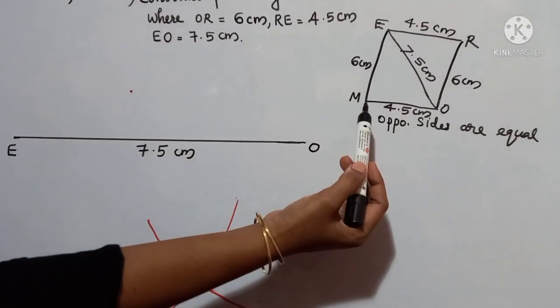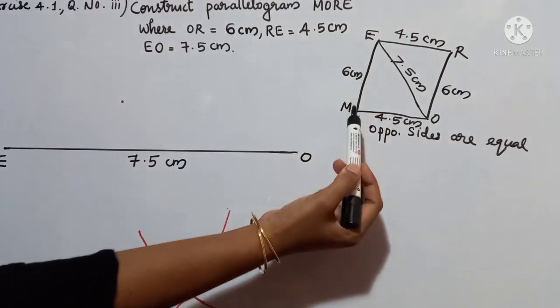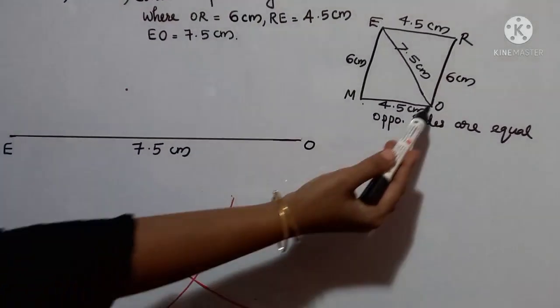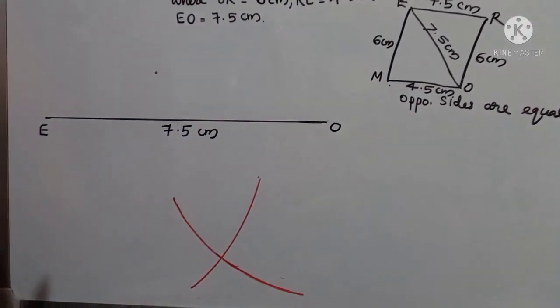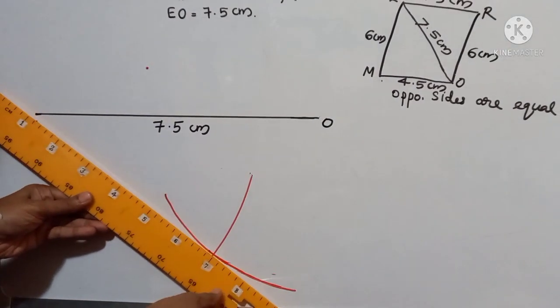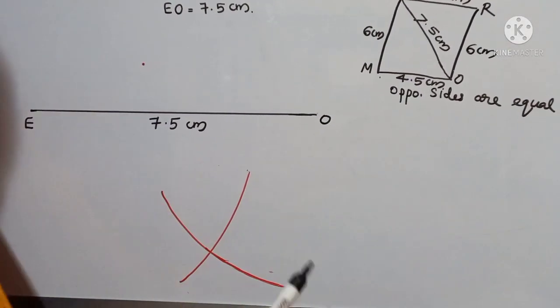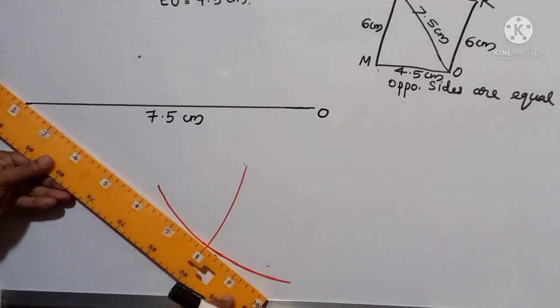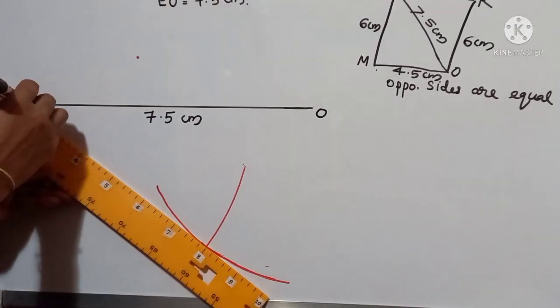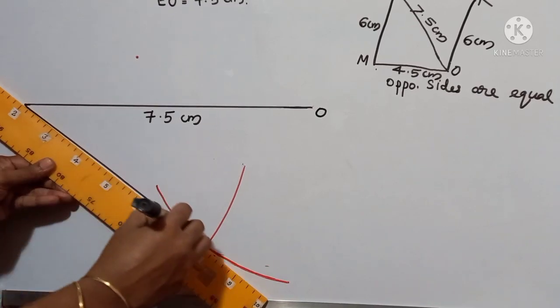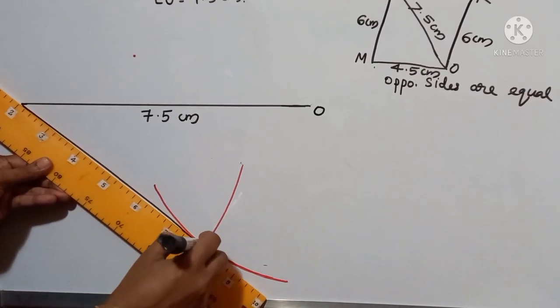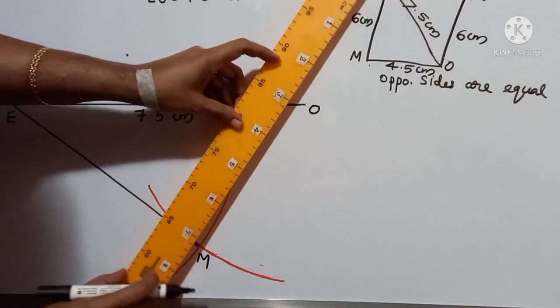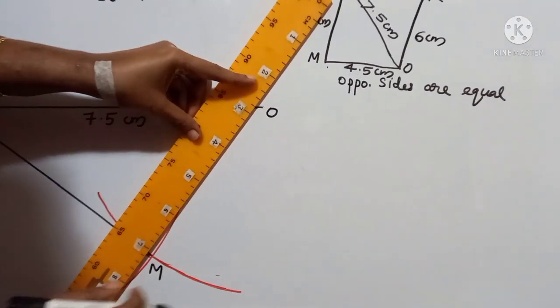Now we have got that point M, EM 6 centimeter and OM 4.5 centimeter. We have drawn the two arcs. Then we have to join this point EM, E and M. Similarly, join O and M.